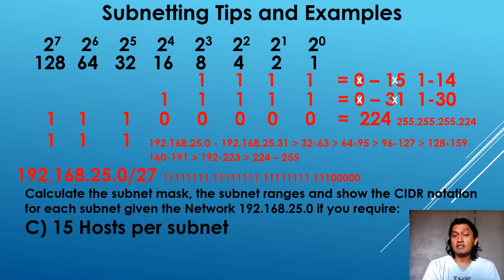But if I was asked to list the valid range, it would be from 1 to 30, because I can't use 0 and I can't use 31. If the range was 64 to 95, the valid IP addresses would be 65 to 94. One above the start of the range to one below the end of the range. Remember, that first address is the network identifier and the last address is the broadcast address for that subnet.